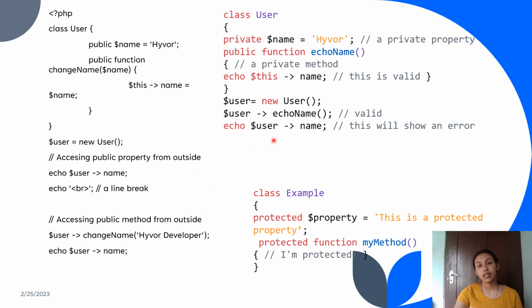But in the case of this example, see that the variable name is declared as private. So we cannot access this property outside of the class. When we try to access that property outside of the class, we will get an error. But the function is publicly declared, so it can be accessed outside of the class.